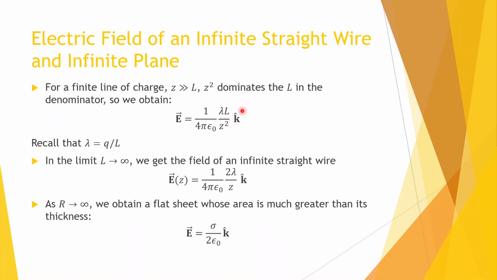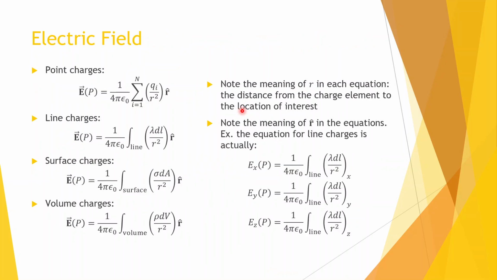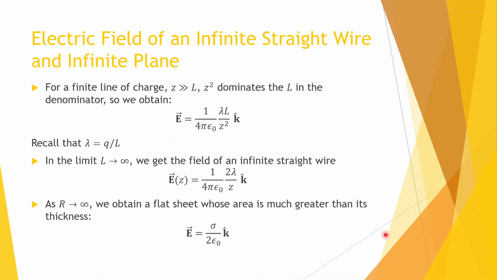Okay, so this is from this equation or this equation, however you want to look at it, okay? So we're integrating over our L, our line, so L would be the length of our finite line of charge, I should say, and then z squared is going to dominate it.